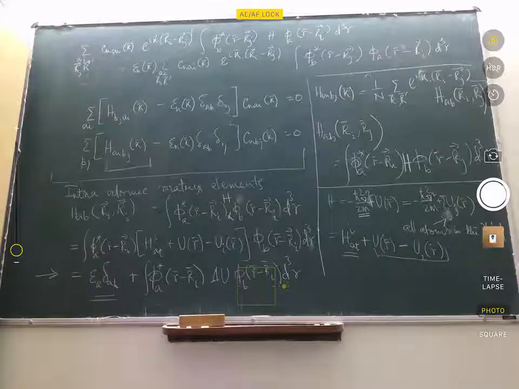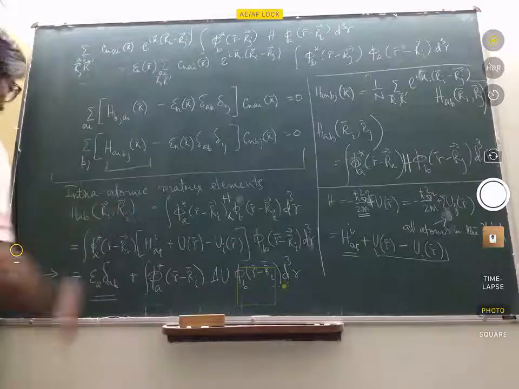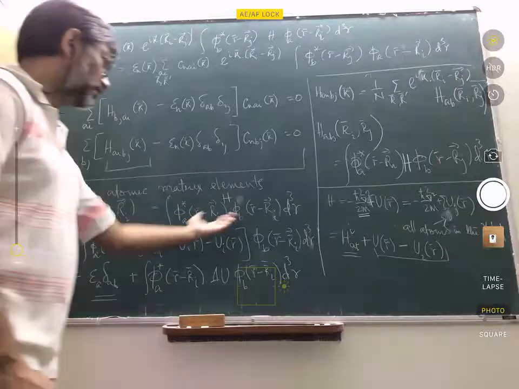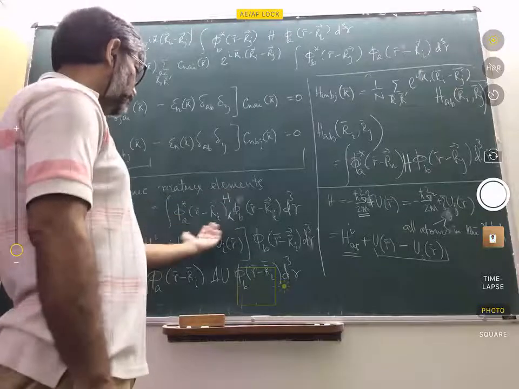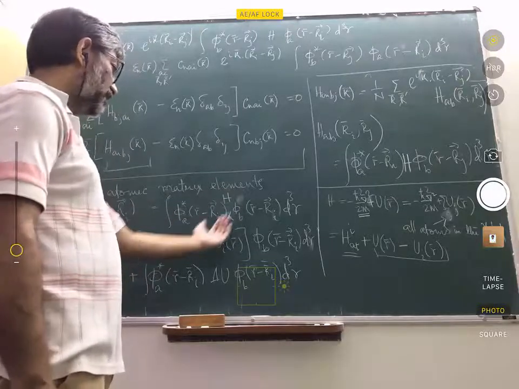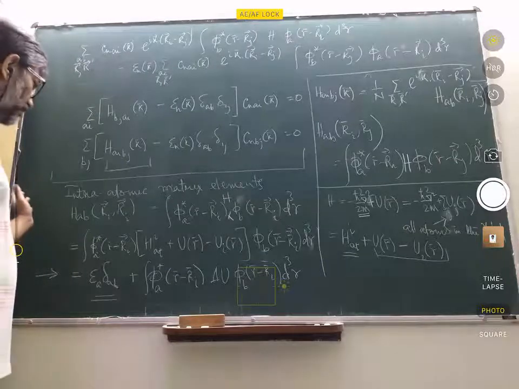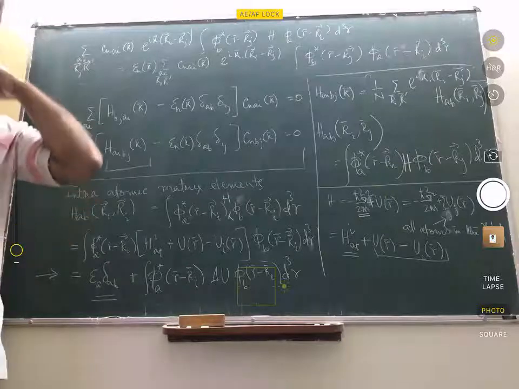Now you have interatomic matrix elements when Ri is not equal to Rj, and you'll simply have matrix elements in the Hamiltonian between some phi A at Ri and phi B at Rj and so on. And in the simplest situation, one truncates those off-diagonal matrix elements to the nearest neighbors.